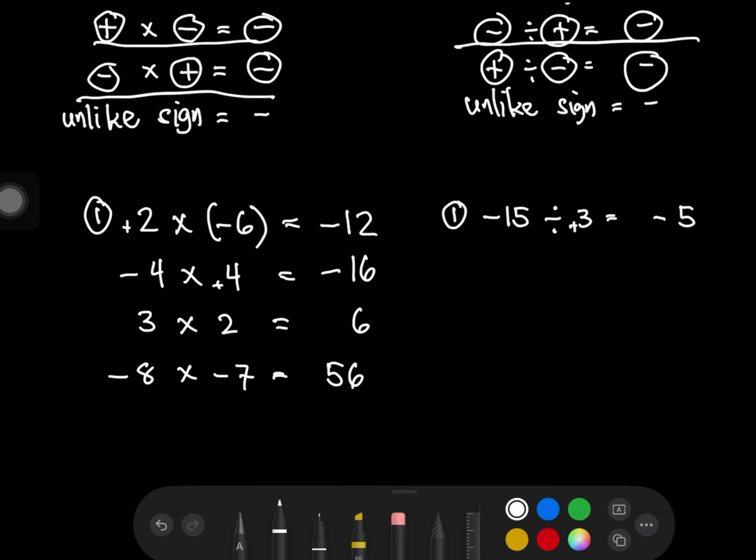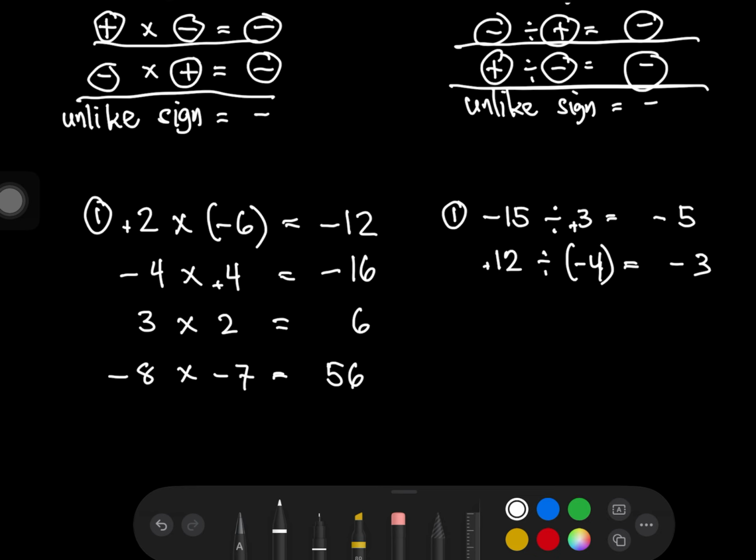Therefore, when you divide negative 15 by 3, the answer is negative 5. All right, let's get more. If you have 12 divided by negative 4, 12 divided by 4 is 3. Positive 12 here divided by negative 4 follows this rule, and the answer is negative 3.